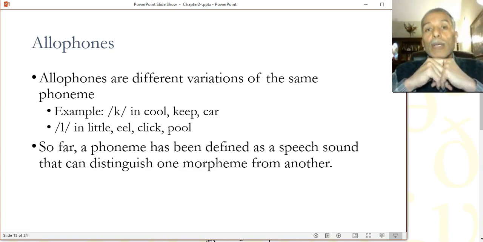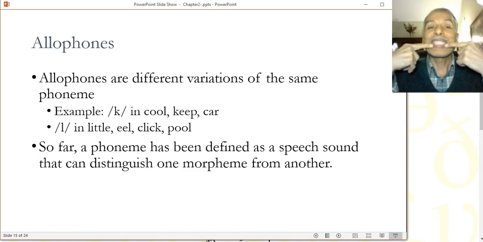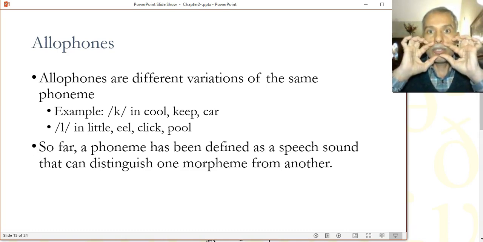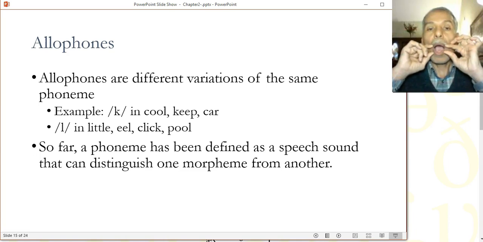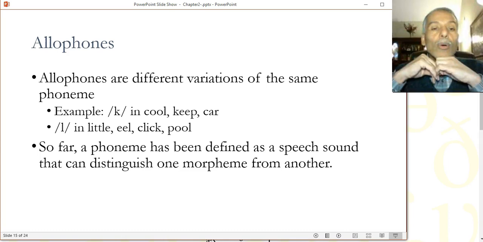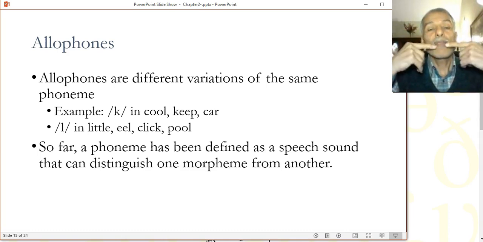So here we have the K in three different forms. We have it as rounded, as in cool. The K is going to be rounded in this word, and your lips are extended forward. But when you say keep, the K is retracted, and in car, the jaw is a little bit opened. But it's more neutral. You don't have rounding.